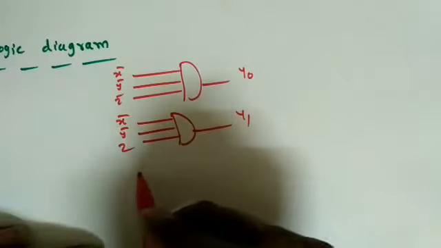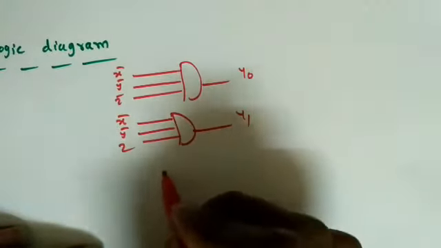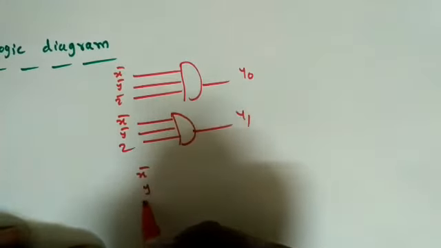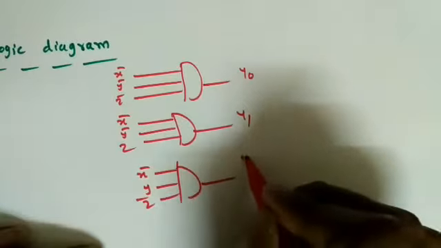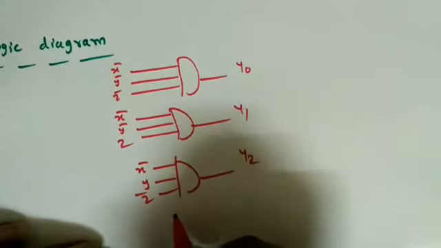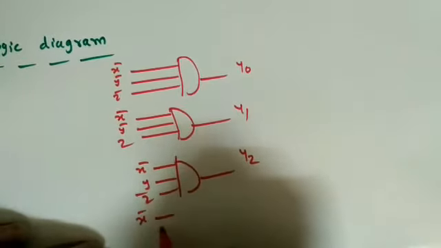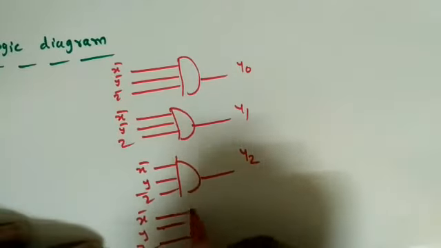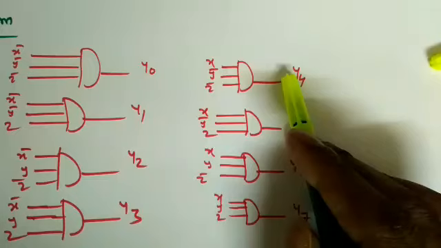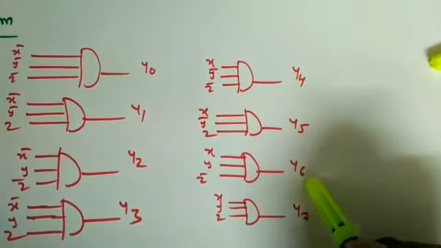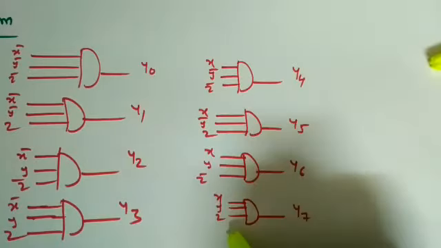This is also one way we can simply write down the logic diagram. That is X bar, Y, Z bar, 1 AND gate. This is Y2. Next Y3, so X bar, Y, Z, 1 AND gate, so I will get Y3. Similarly Y4 to Y7, I have written the logic diagram for Y4, Y5, Y6 and Y7.